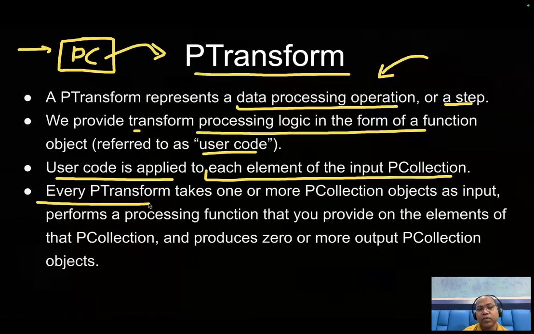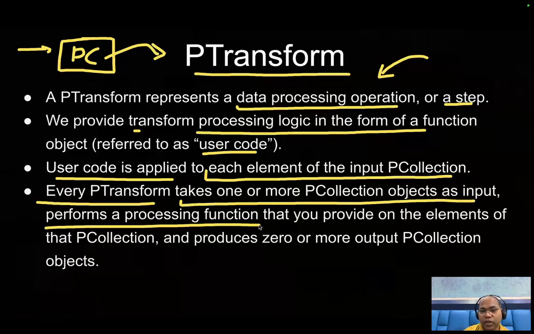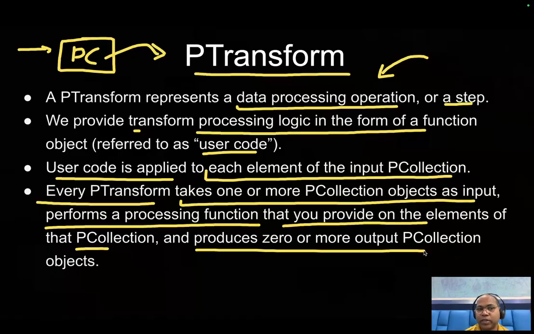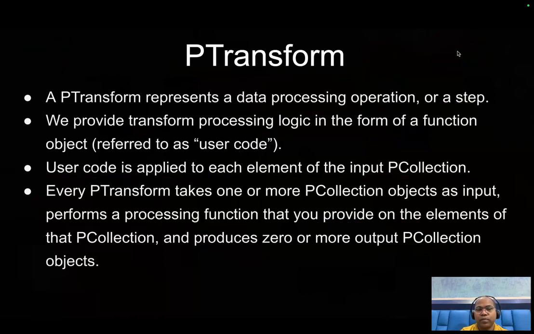Every PTransform takes one or more PCollections as input, performs the processing function that you provided on the elements the PCollection has, and produces zero or more output PCollections. So your input is a PCollection, and the output is a PCollection. Between them, you can do a PTransform, that means whatever function you want to perform.